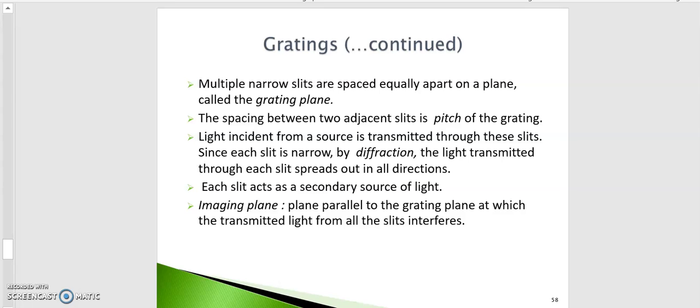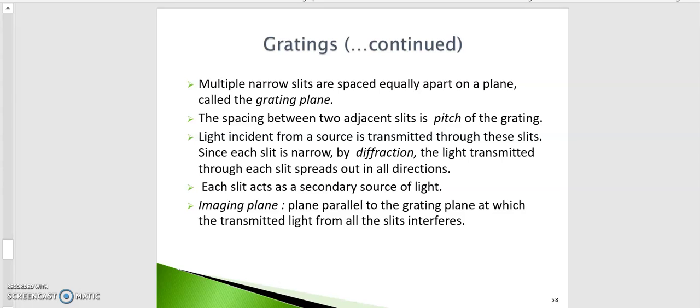Now assume we have a source. The light from the source is allowed to pass through these slits, so these slits will transmit the light. Since all the slits are very narrow, the bending of rays, that is diffraction, occurs, and the light passing through the slit spreads out in all directions.